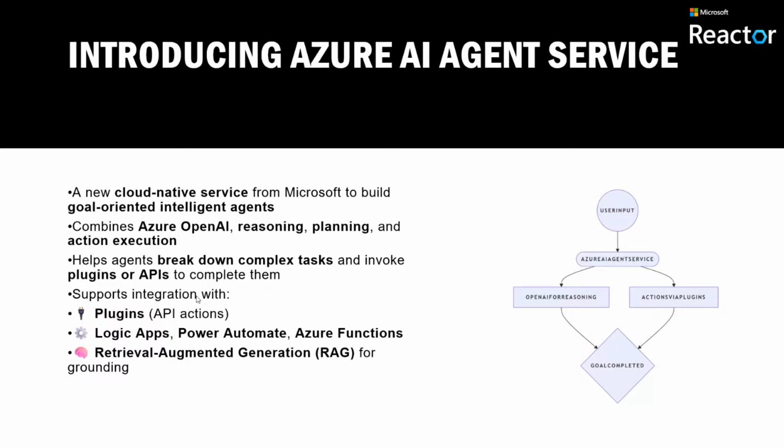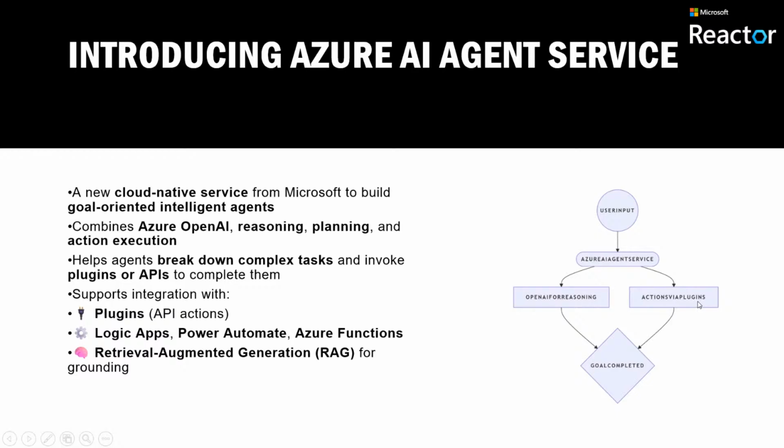So when it comes to the whole output, we will be having the Azure AI agent service here, and we will also be having OpenAI for reasoning, and then it would also have the actions via the plugins.